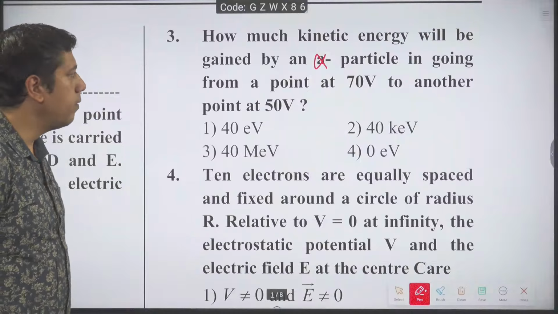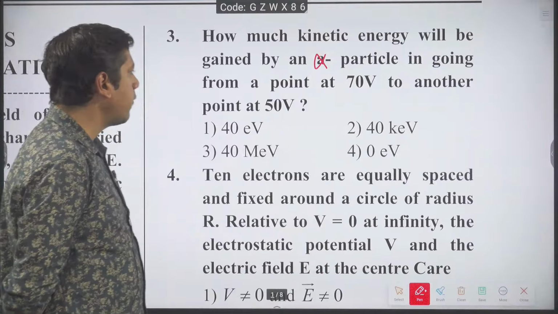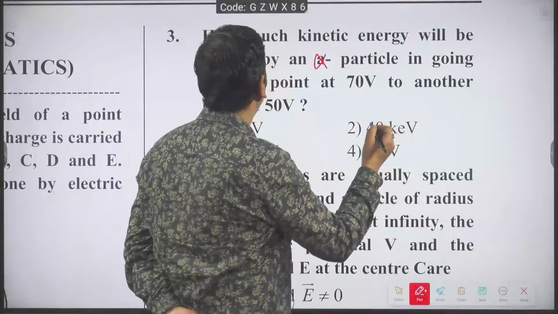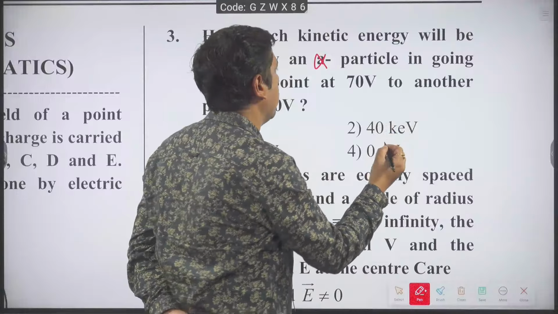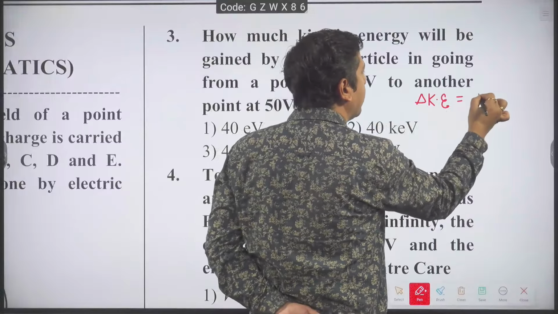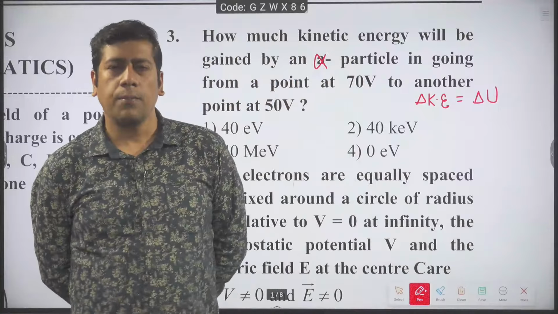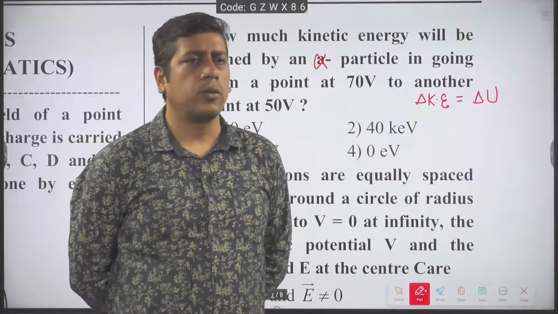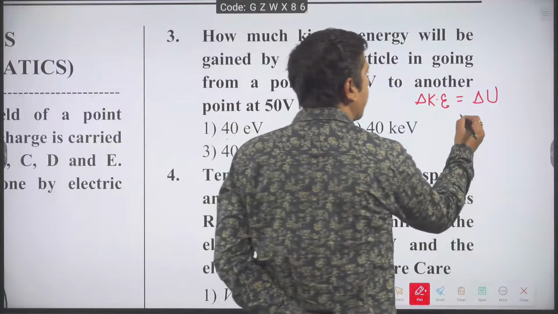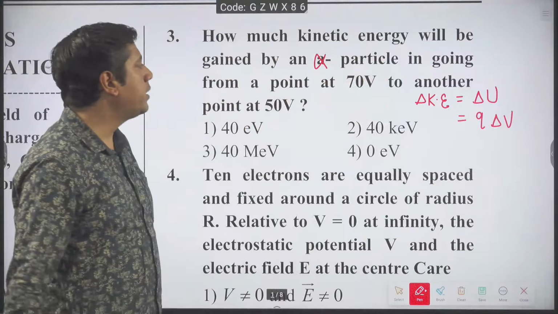So the alpha particle is going from 70 volt to 50 volt. How much kinetic energy will be gained? The gain in kinetic energy will be the loss of potential energy, because the mechanical energy will remain conserved. Loss of potential energy we can simply write as Q delta V. How much is Q?